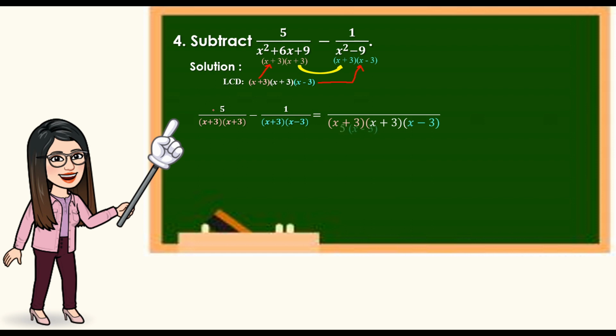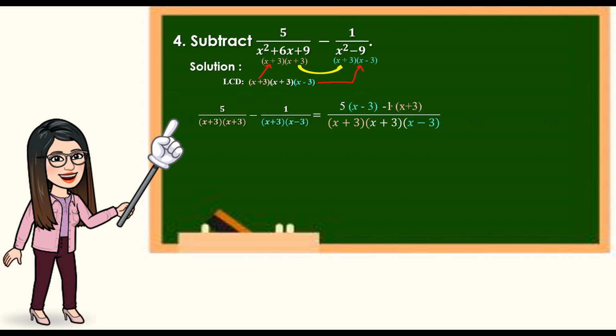Okay, so we have 5 times the quantity of x minus 3. Minus, we will divide this one also here, and then what's left is x plus 3. Right? So we have times 1, we have negative 1 times the quantity of x plus 3.